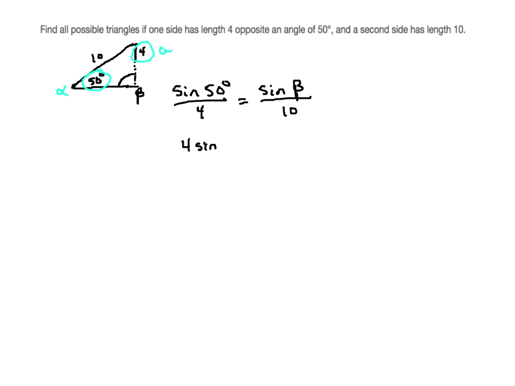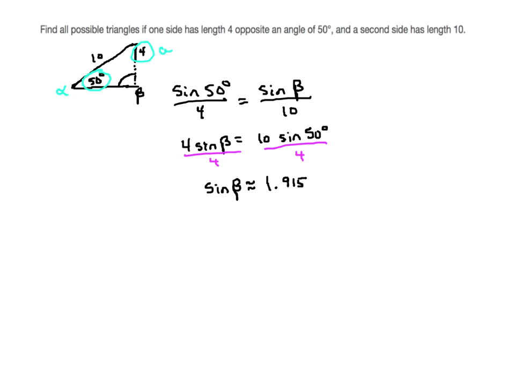So 4 times the sine of beta equals 10 times the sine of 50 degrees. And I divide both sides by 4, and I get the sine of beta is approximately, when I actually get a number for that, 1.915.